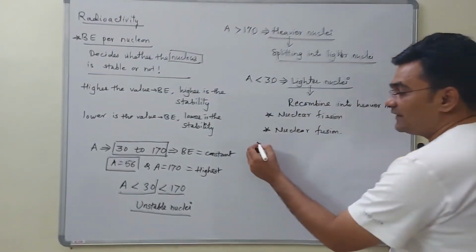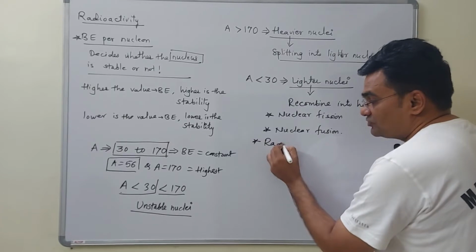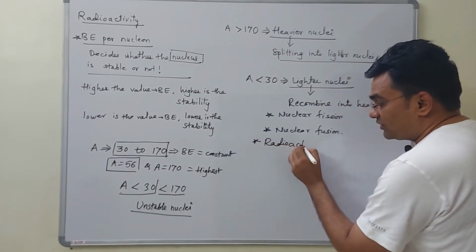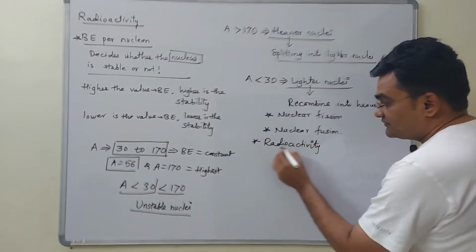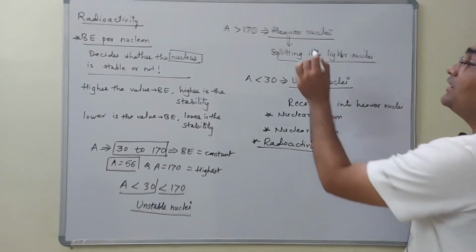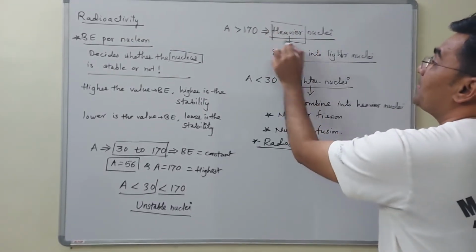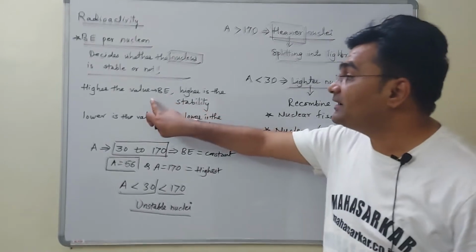This was the important term that we need to recall to understand radioactivity. Now we'll come to the exact radioactivity. So what is radioactivity in short? See, I said heavier nuclei cannot have stability.